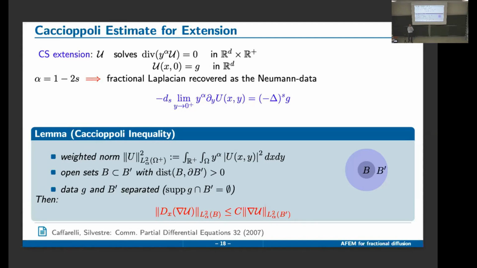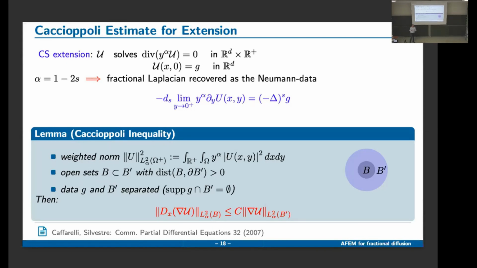So what you plug into the operator here is 0 somewhere, and the 0 will be exploited by choosing the correct B prime. In this sense, for our setting, this Caccioppoli inequality can be applied, and the statement tells me that if I take the second order derivatives in x, for example, in this weighted L2 norm, I can bound them by the first order.